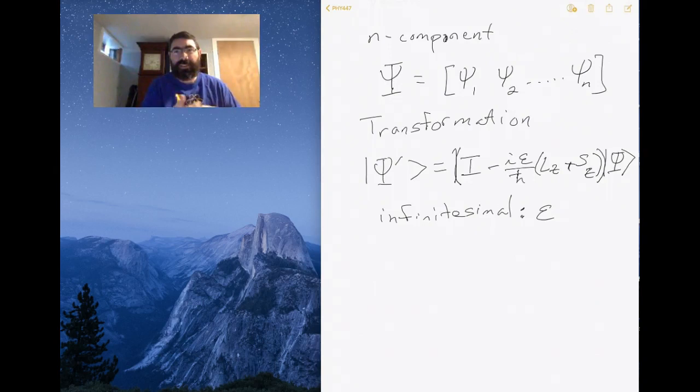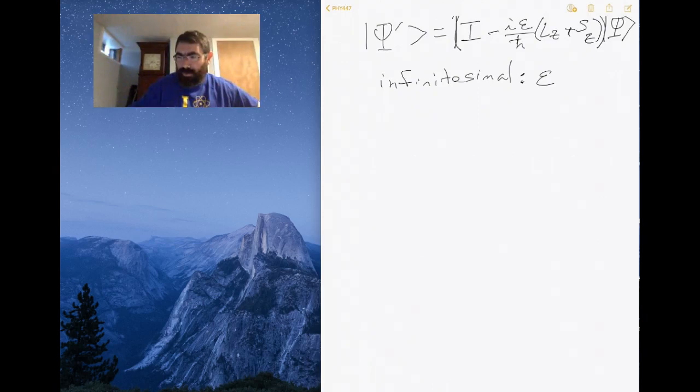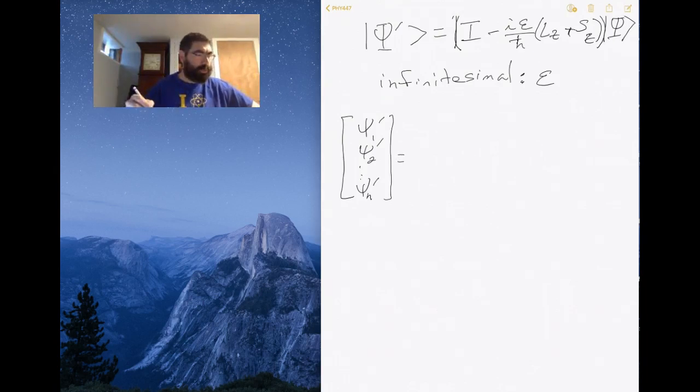Okay, but like I said, these states are vectors, and so what I really could write down is this vector psi1 prime, psi2 prime, psi n prime is equal to the identity matrix, 1, 0, 1, 0, and so on, with zeros elsewhere.